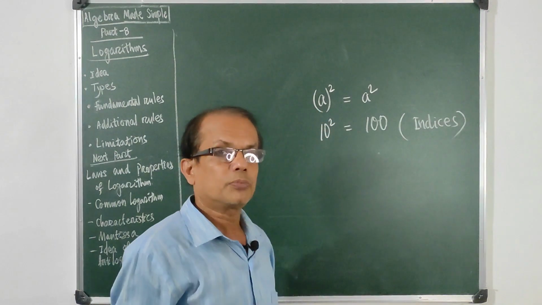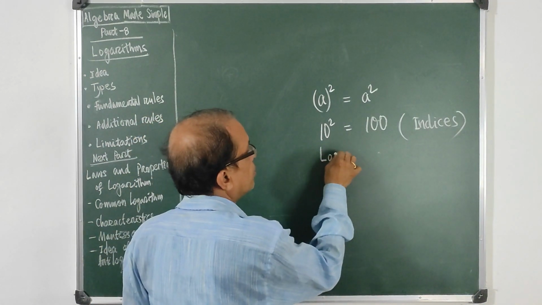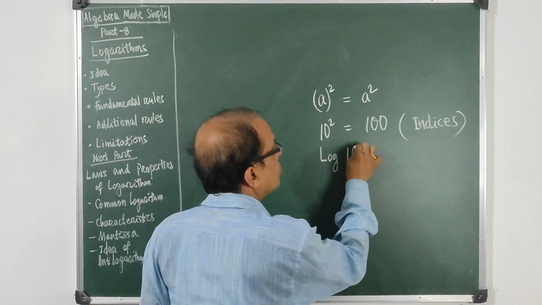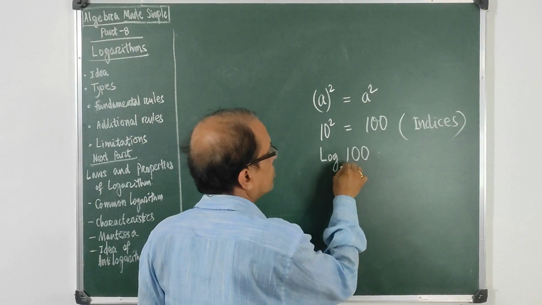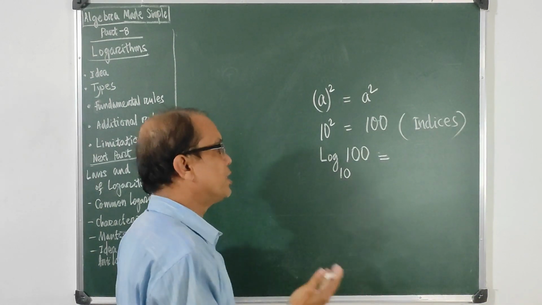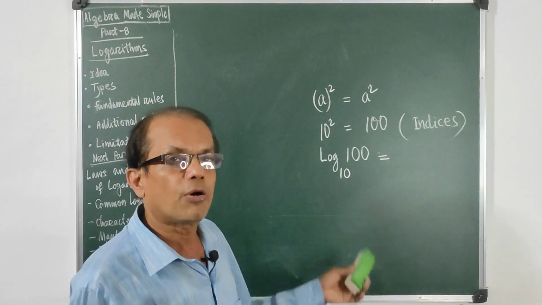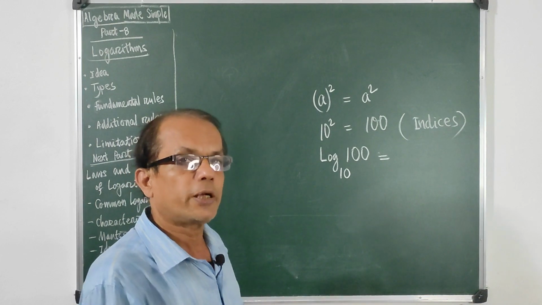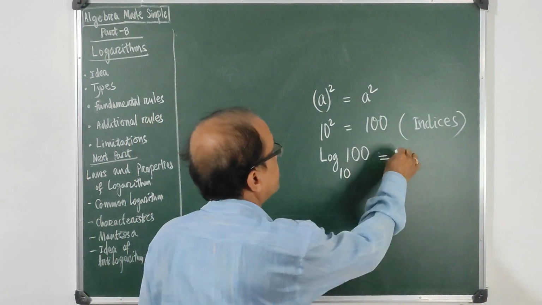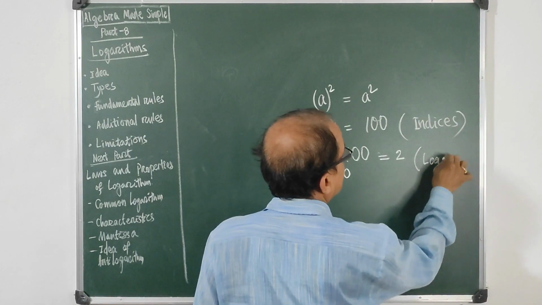But in logarithm we ask the same thing: how many times must 10 be multiplied, or raised, so that we get 100? Means in 100, how many times we must multiply 10 to get 100, and that is 2. So this language is logarithmic language.